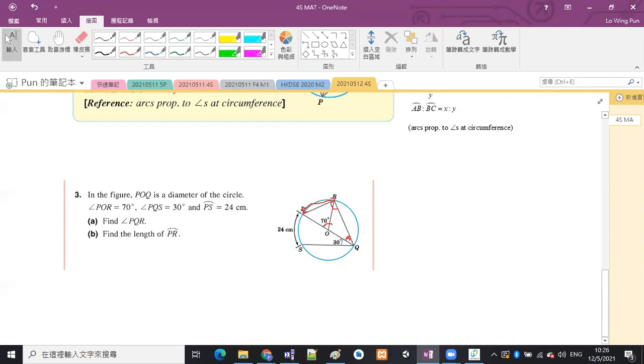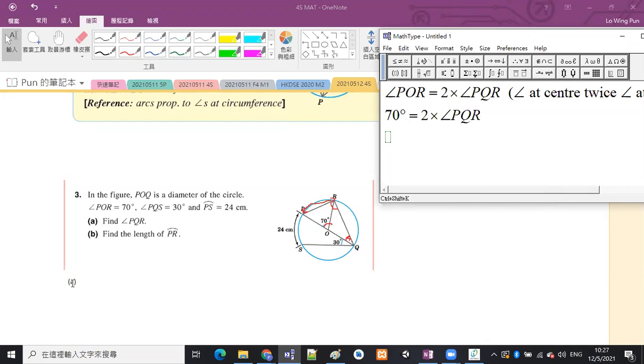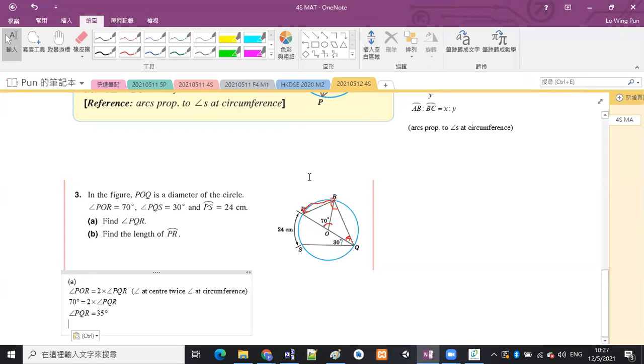So we can write this: angle POR is equal to 2 times angle PQR. This is angle at center twice angle at circumference. Angle POR is equal to 70 degrees, and it's equal to 2 times angle PQR. So angle PQR is equal to half of 70 degrees, which is 35 degrees. That is the answer of part A.